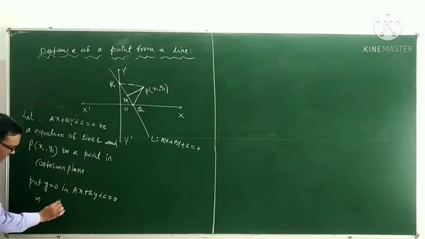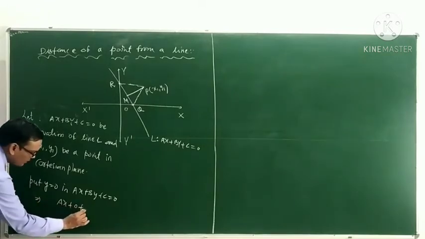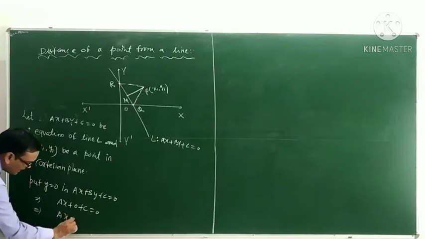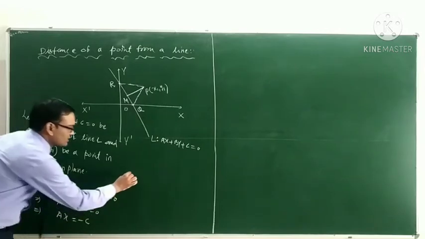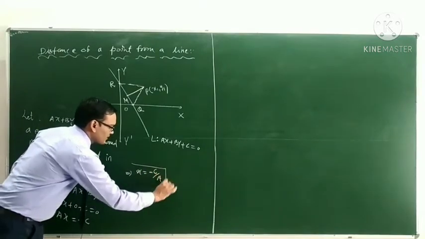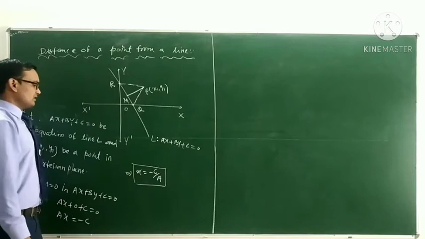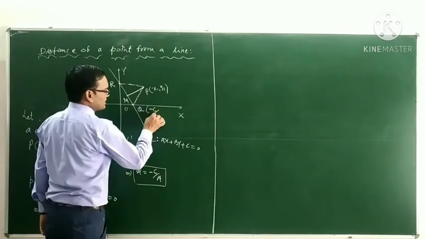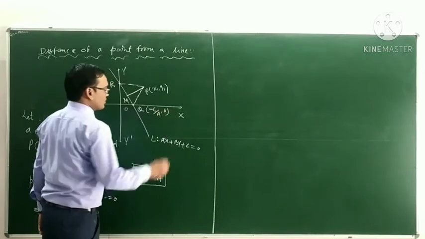This implies ax plus 0 plus c equal to 0, so ax equal to minus c, so x equal to minus c by a. That means the coordinates of point Q are (minus c by a, 0).